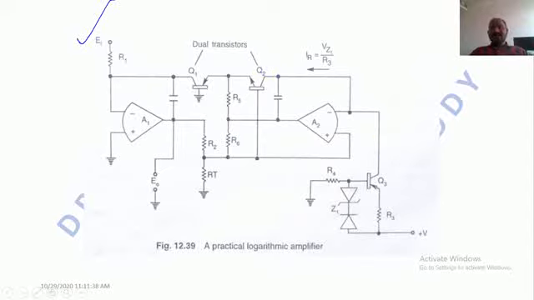The current passing through Q1 is decided by the EI and R1, and the current passing through Q2 is decided by the VZ voltage. Here I am using the Zener diode. So the current passing through Q2 is decided by the transistor Q3.